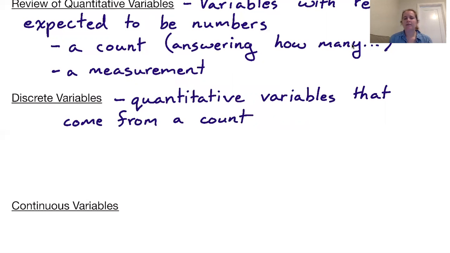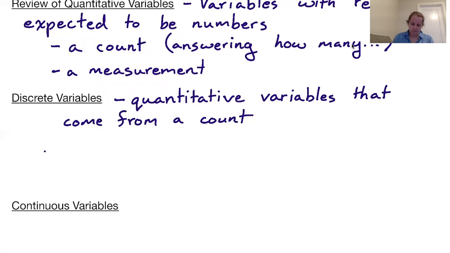Major thing here is that it's impossible to hit all of the decimal values. So if we're counting how many siblings you have, it's distinct numbers. You don't have 1.03 siblings. But mainly you can think of it as just the discrete variables come from counting.